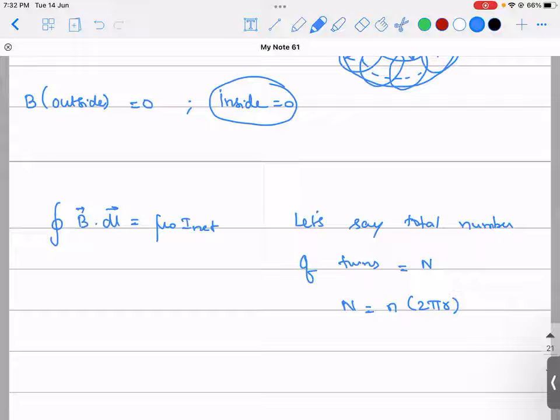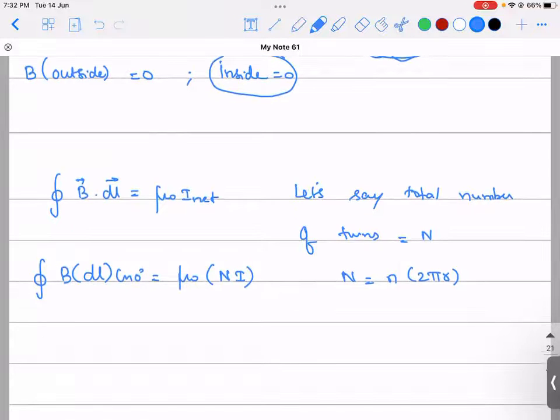Okay. So the line integral of B into dl into cos 0 degrees will be equal to mu naught into what is the value of the total current flowing through the circuit? N into I. Correct? So due to one loop, if the current is I, due to N loops, it is going to be N into I. So B I'll take out.